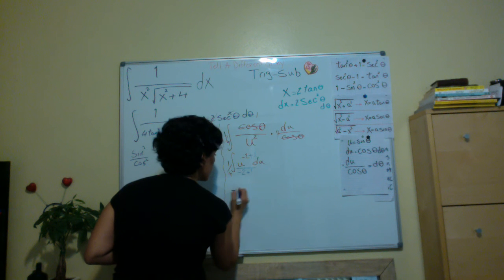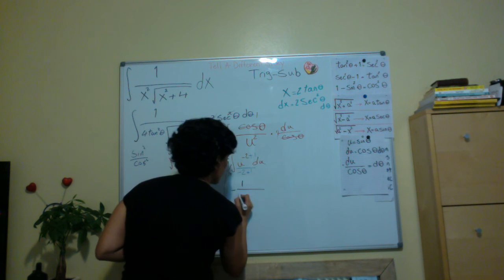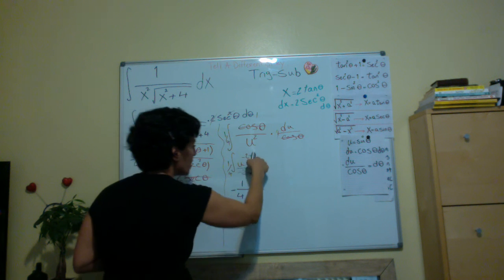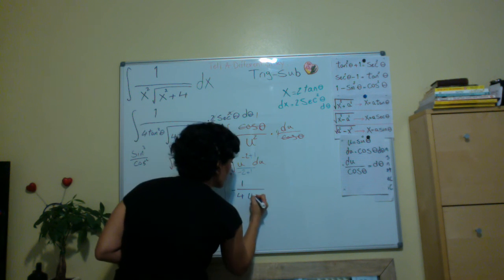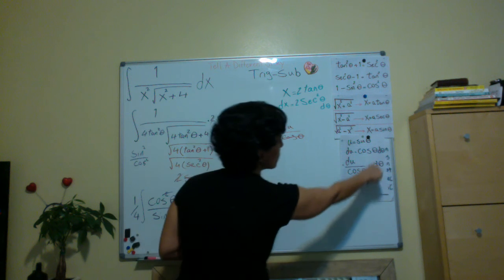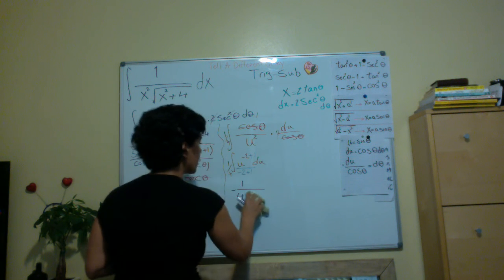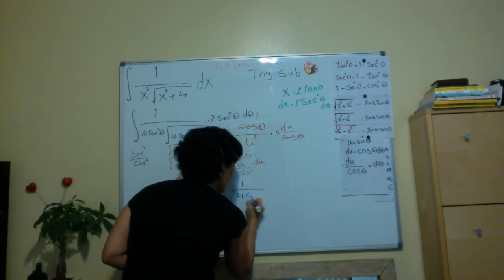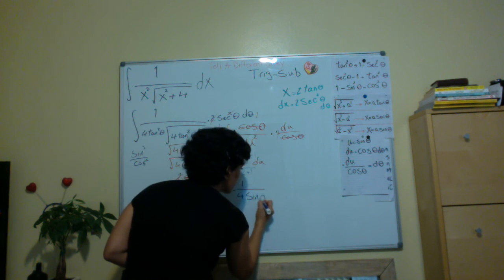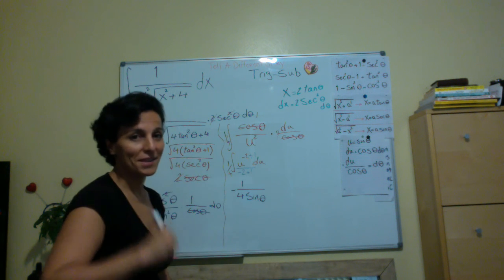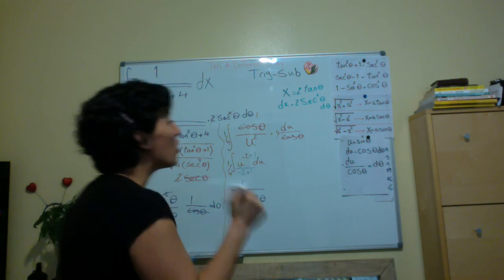So I have negative 1 over 4, and then u to the power of negative 1 is the same as 1 over u. But what is my u? My u is sine theta, so I'm just going to write that right here instead, because I'm hoping you followed through with me so far. And then I could put a plus sign and we're done. Just kidding. We're not even there yet. So we're almost there though.